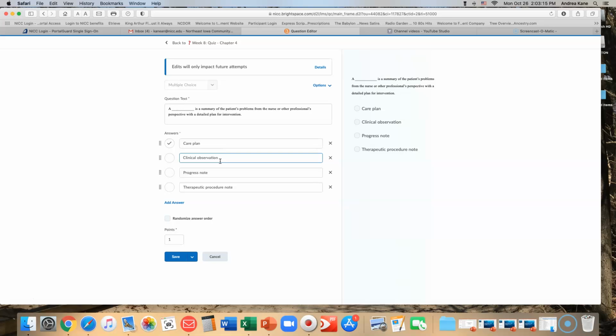Care plan. It's right here on page 107, right across from the clinical observations progress note. If you look at the light green, it says often a care plan, a summary of the patient's problems from the nurse or other professional's perspective with a detailed plan for intervention, may follow the assessment. So there you go. It's right there in black and white. Care plan. I really feel like this one was right there in your book.